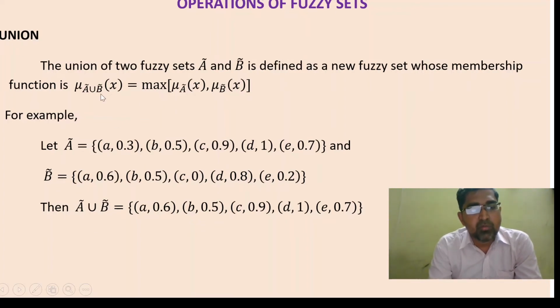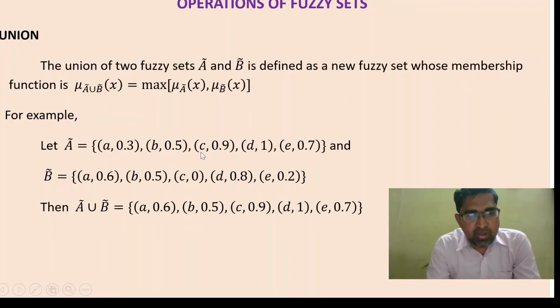To find the membership value of A union B, we have to take the maximum of A and B. For the element a, here is 0.3, here is 0.6. So the maximum is 0.6. Similarly, for the element b, A and B both have the same membership value 0.5, so the maximum is 0.5.